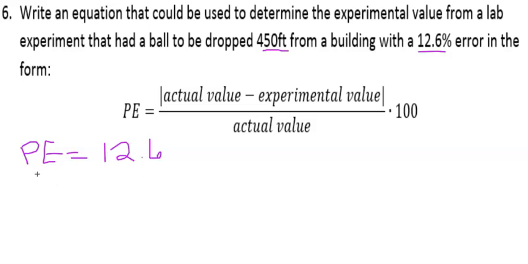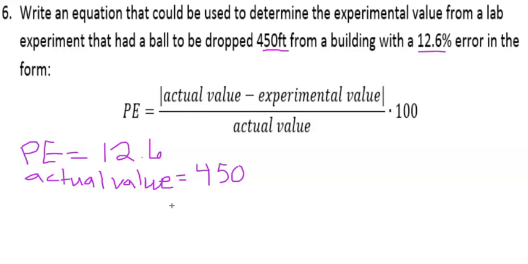Our actual value is 450 feet. So to write an equation to be able to solve for the experimental value, we just substitute 12.6 for PE and we substitute 450 wherever it says actual value.